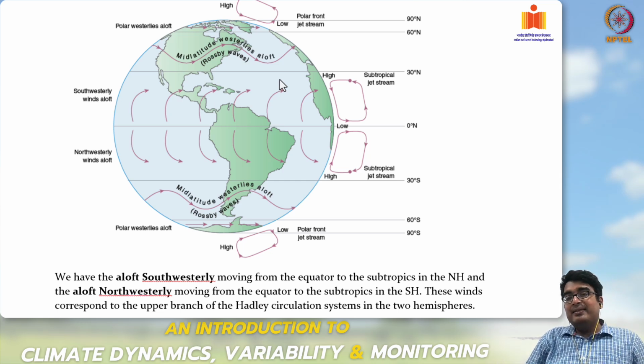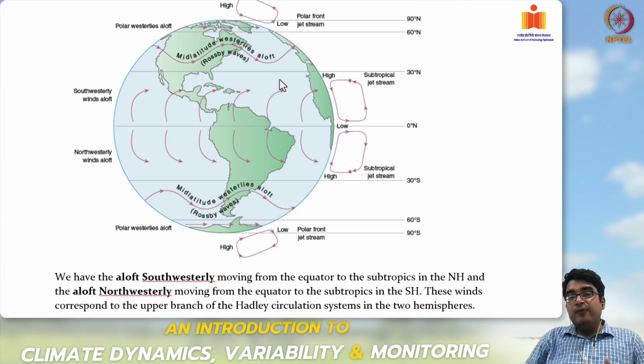The reason is our discussion of the thermal wind equations that we derived a few classes ago. Note that in the upper altitudes, there is no surface friction, and these winds are moving over regions of hundreds of kilometers long.